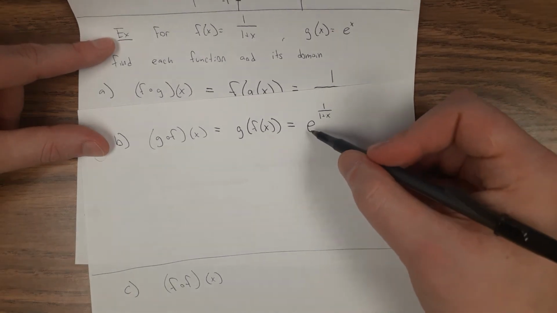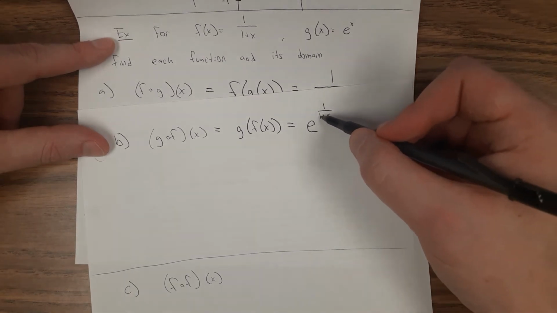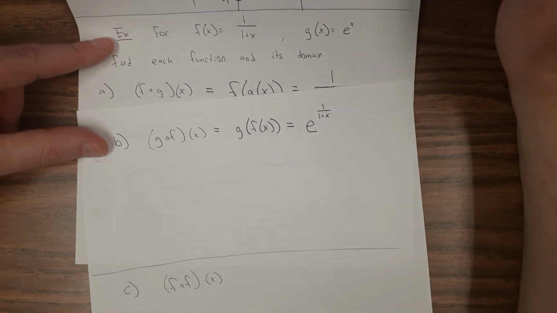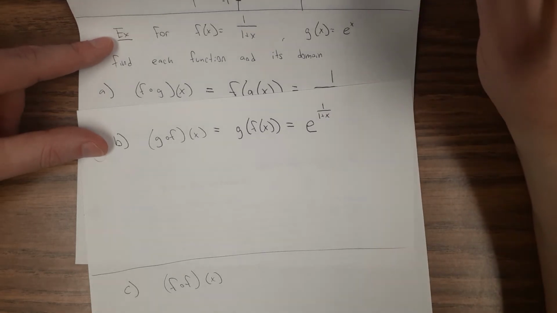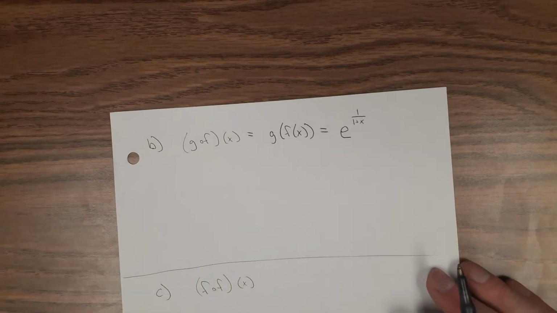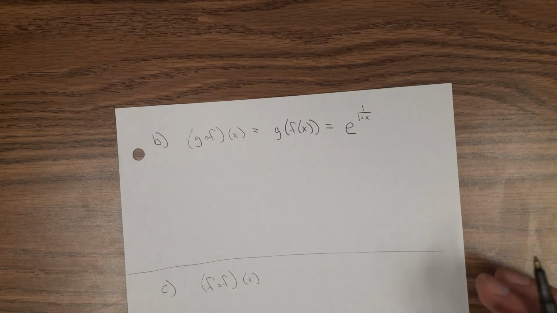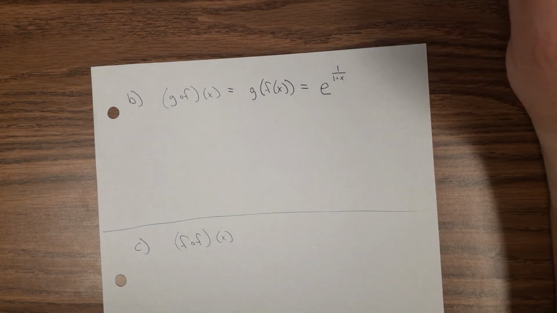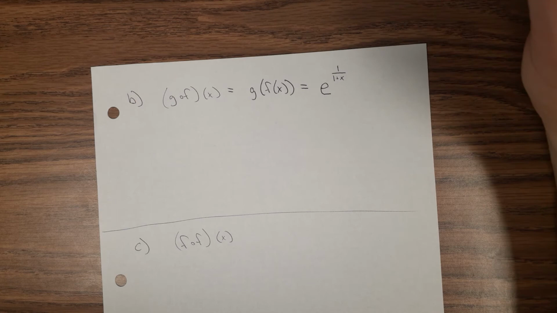So this is e to the power 1 over 1 plus x. This thing is all the power that's on top of the e. So this is g of f of x.